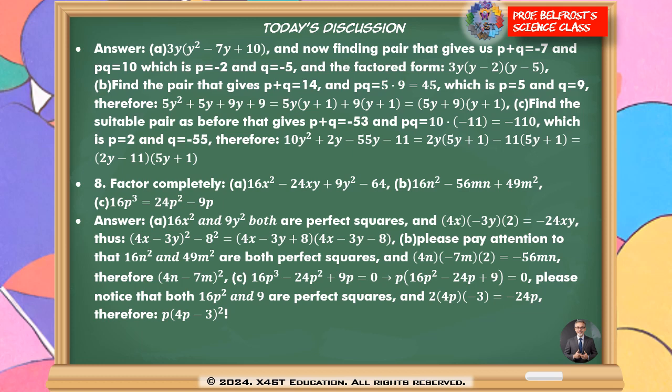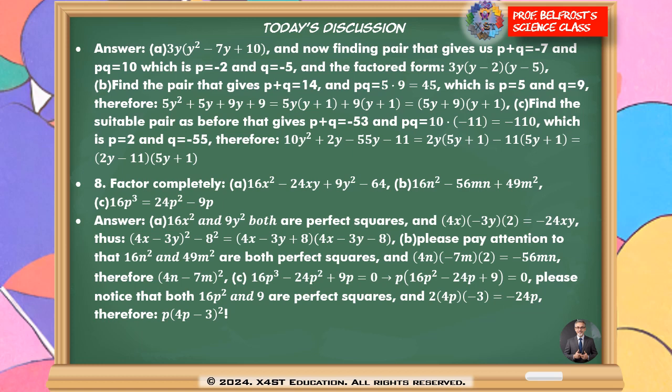Just find the suitable pair that gives us p plus q equals minus 53, the b value, and pq equals a times c, 10 times minus 11, which is minus 110. Which pair gives this? p equals 2 and q equals minus 55. After some factorization, we will obtain 2y minus 11 times 5y plus 1.